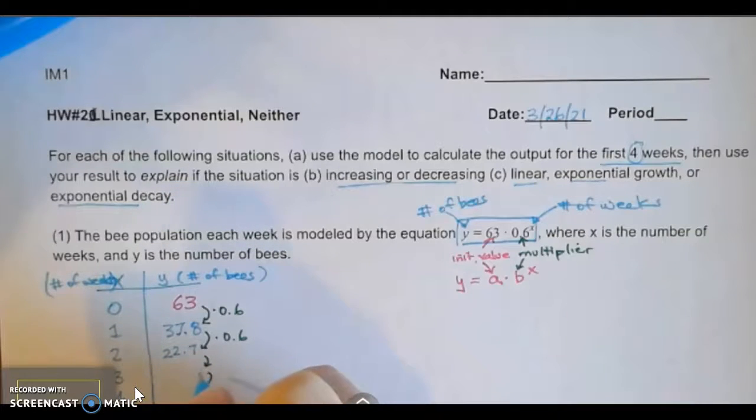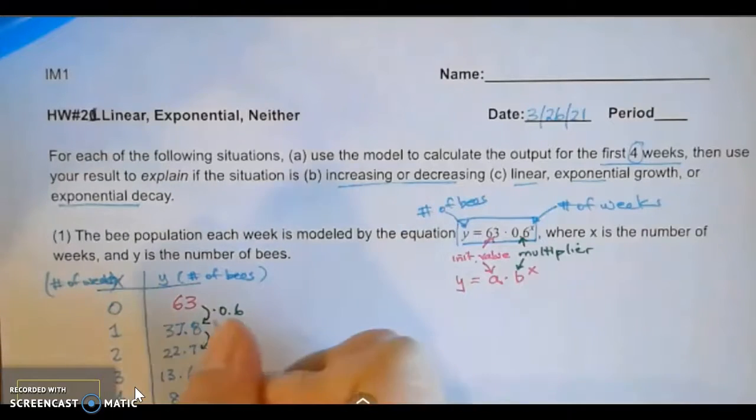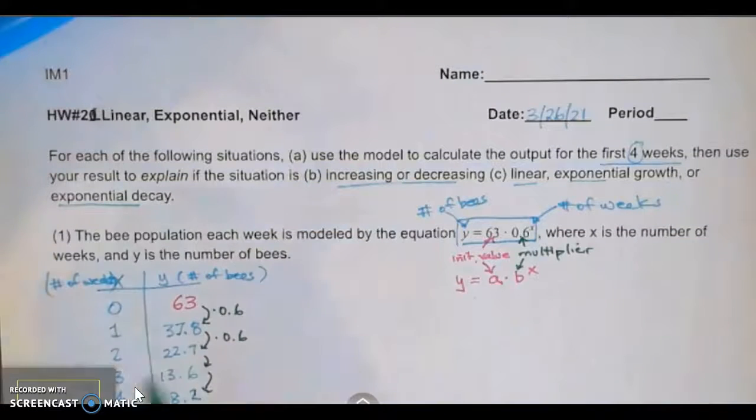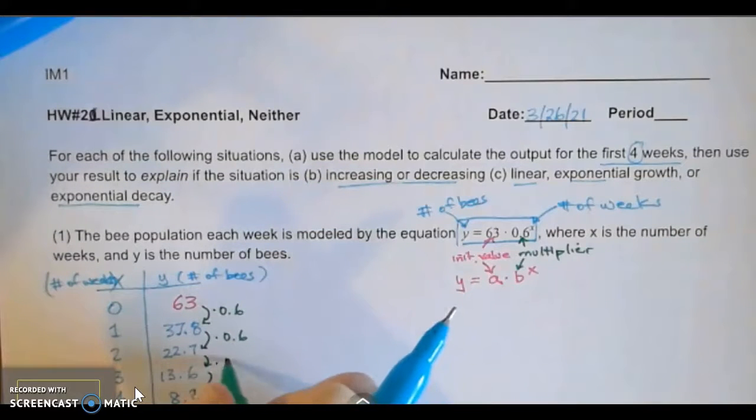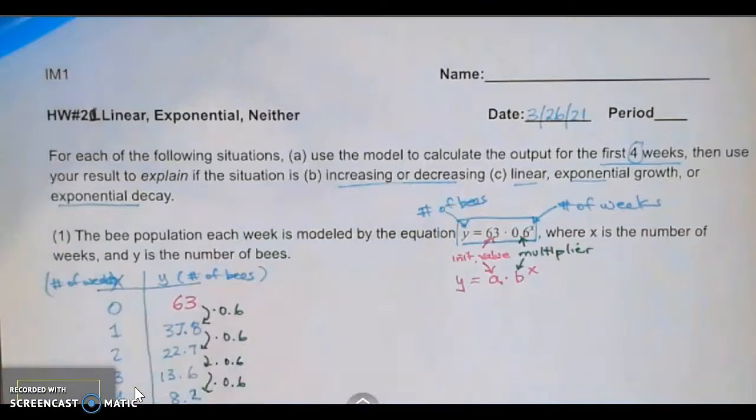And for week 3, multiply that by another 0.6, I'll get 13.6. And then finally multiply that again, I get 8.2 actually. So that's what's happening. You're just multiplying by 0.6 over and over to create the table.